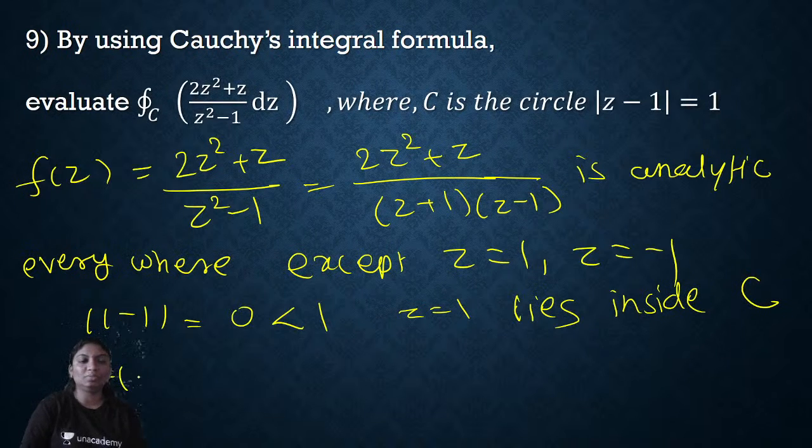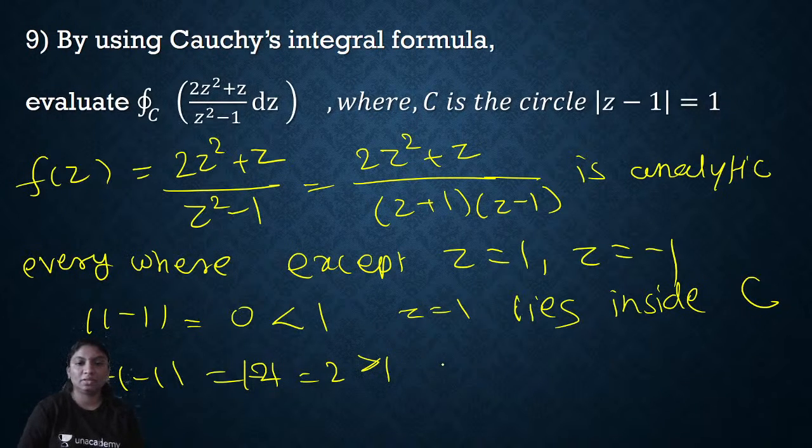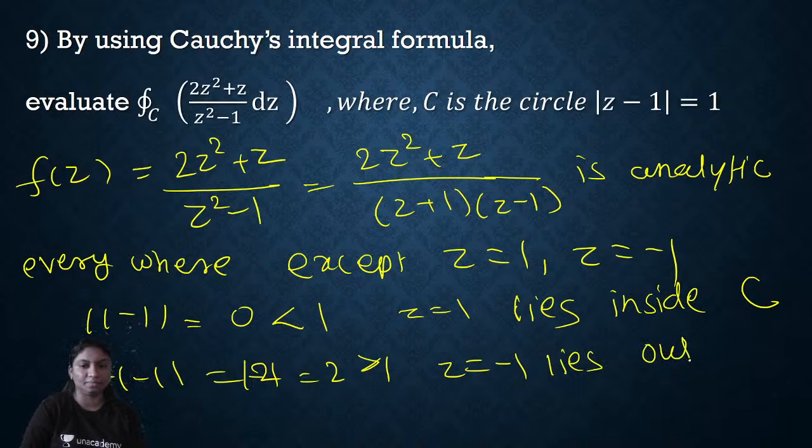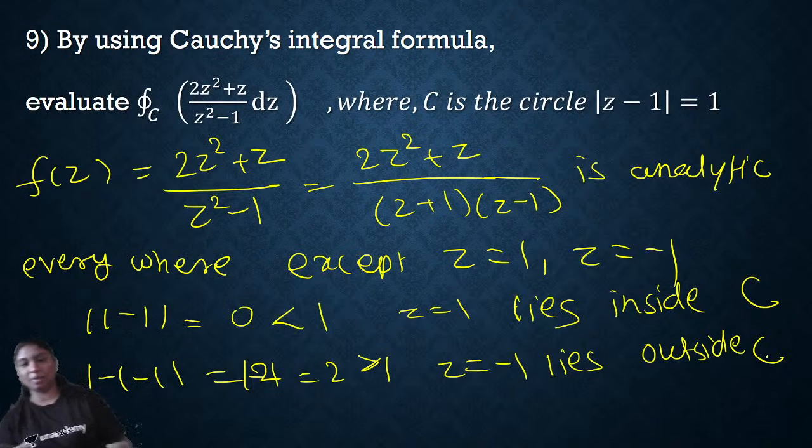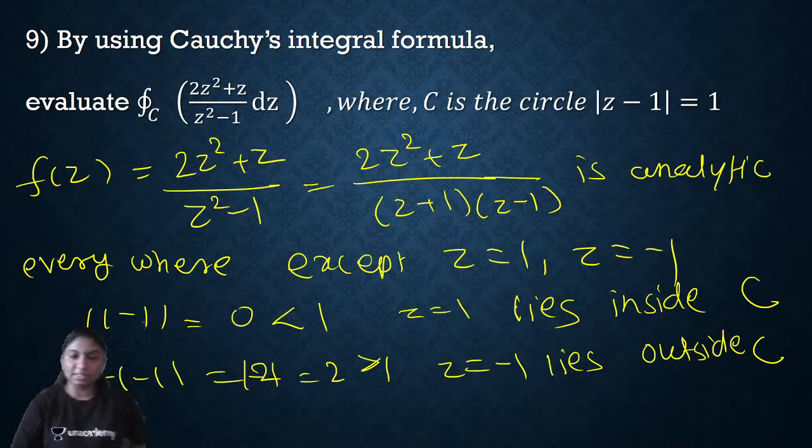And z is equal to minus 1: mod of minus 1 minus 1, which is equal to mod of minus 2, is 2, which is greater than 1. So z is equal to minus 1 lies outside the curve C. One point is inside the curve, one point is outside the curve, right? Lies inside curve C and lies outside curve C.